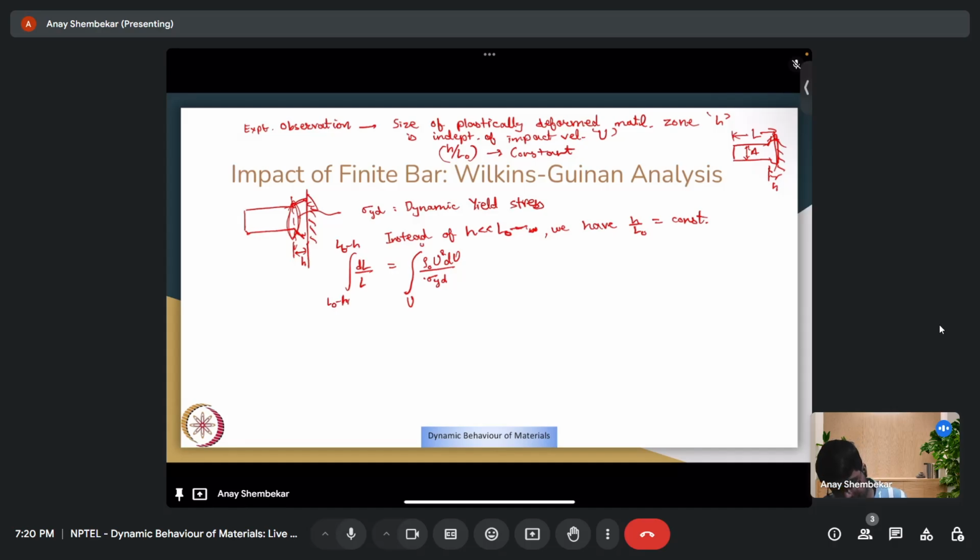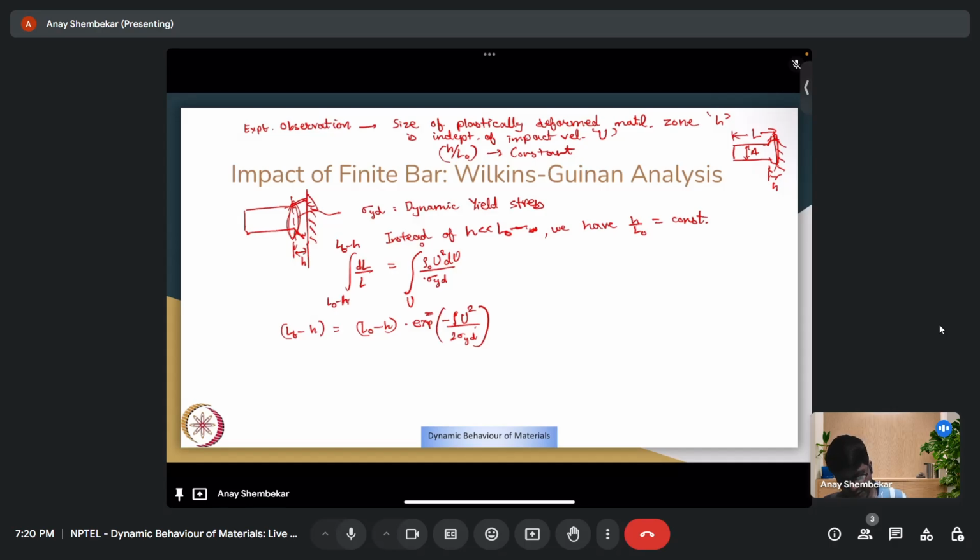Once I put in these equations, I get Lf minus h is equal to L naught minus h times exponential of minus rho u square by 2 sigma yd.